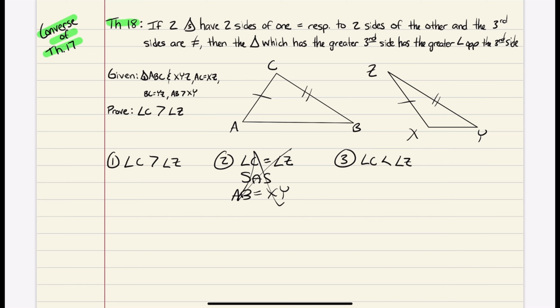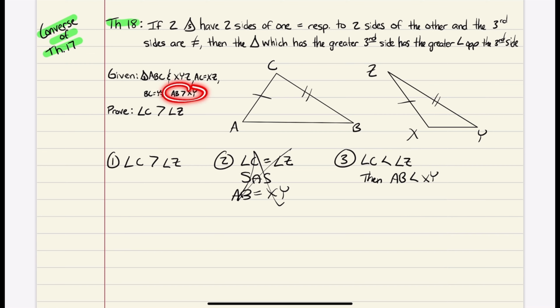Now, if angle C was less than angle Z, then we would have what we just learned in Theorem 17. If this was smaller than angle Z, then we'd have a smaller side over here than over here. If this was true, then we would have AB less than XY.